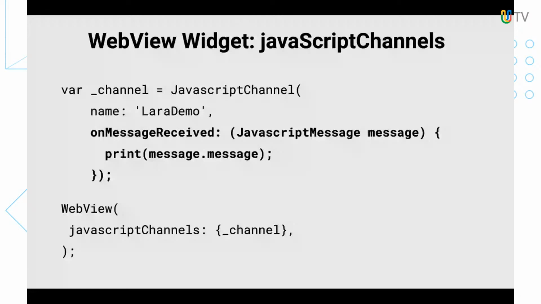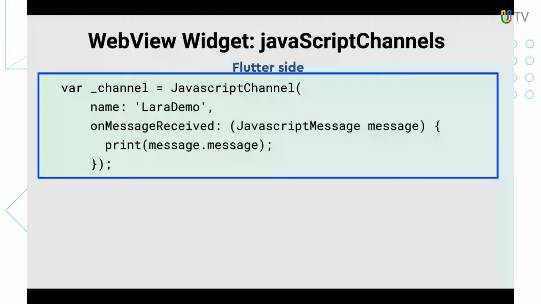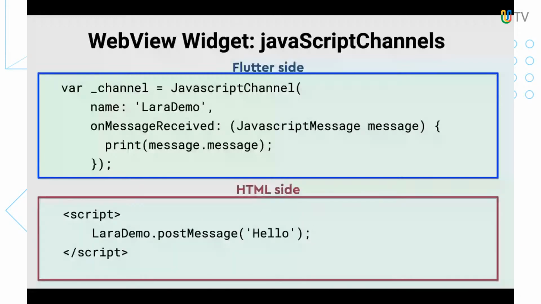So this is the Flutter side of what you see on screen. How can you use this on the JavaScript side? On the website, when we call the JavaScript channel, we use the name that we defined, in my case, Lara Demo. And then we can call a method called postMessage and send a message, a string. And this is defined within the script tags in the HTML.